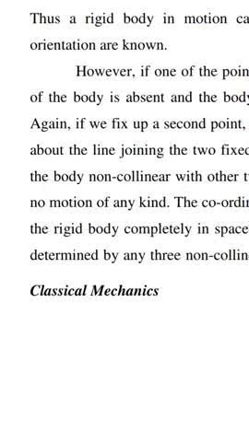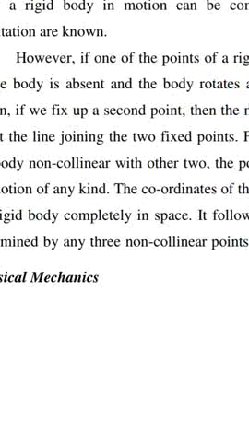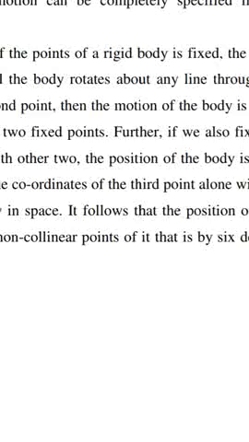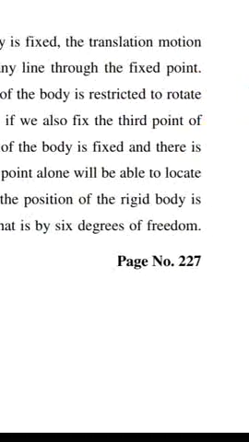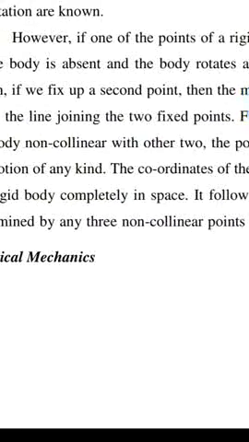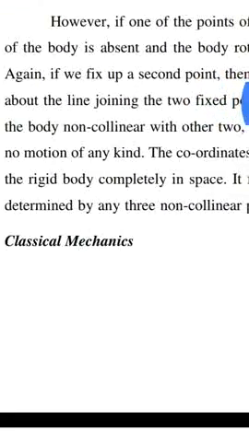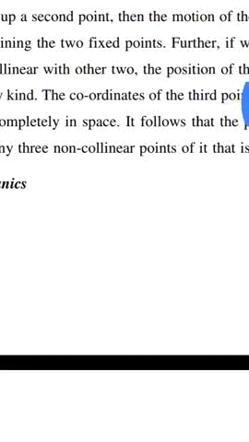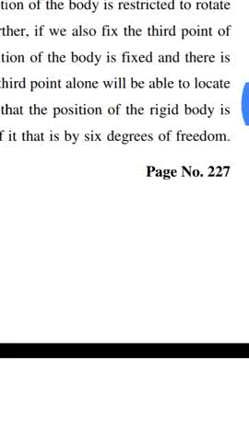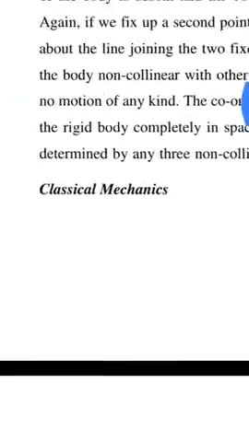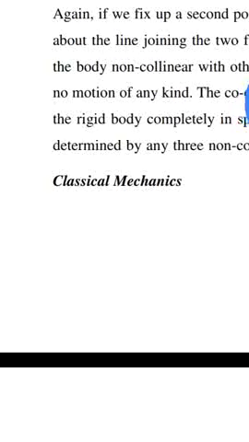Again, if we fix a second point, then the motion of the body is restricted to rotation about the line joining the two points. If a third point non-collinear with the other two is fixed, the position of the body is fixed and there is no motion of any kind.